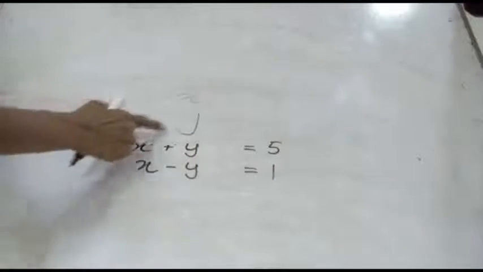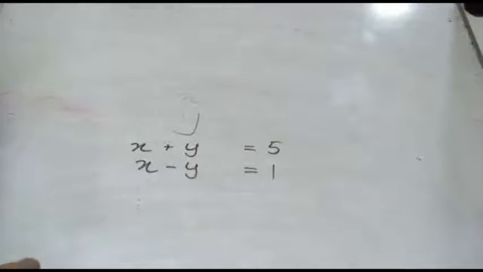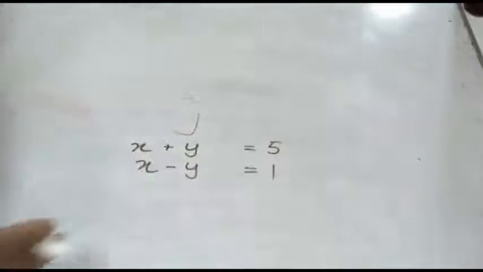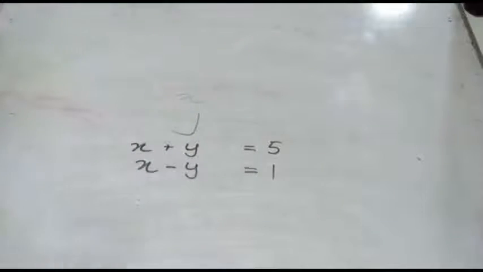We write x plus y is equal to 5, and x subtract y is equal to 1. Then by solving these equations, we can find the values.